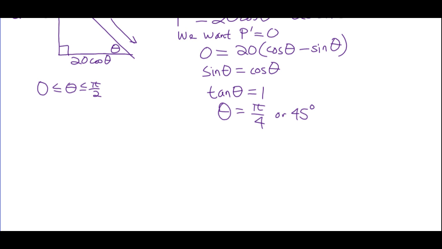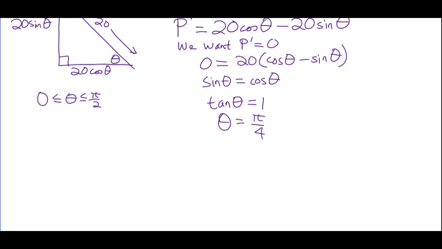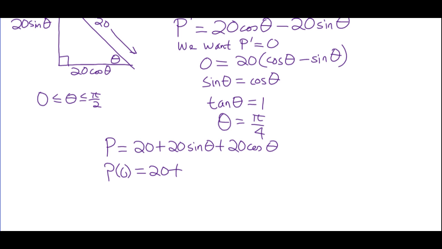It works as it should. So theta is pi over 4, or 45 degrees. Now, because we have to examine the extremes, if theta were 0, then we've got 20, the sine of 0 is 0 so this goes away, and the cos of 0 is 1.